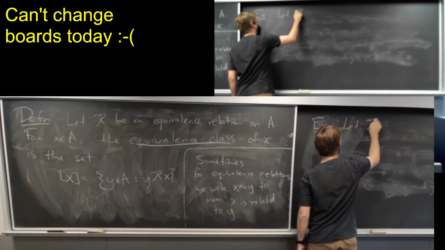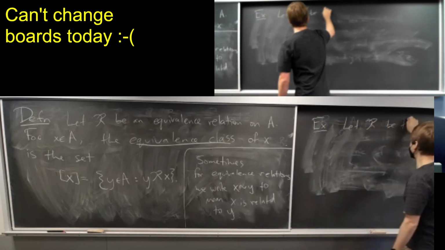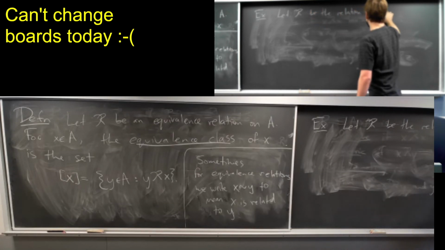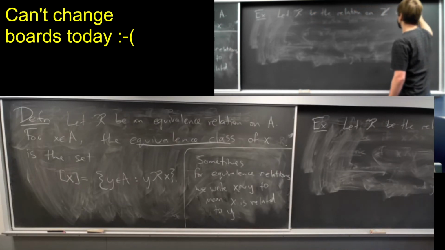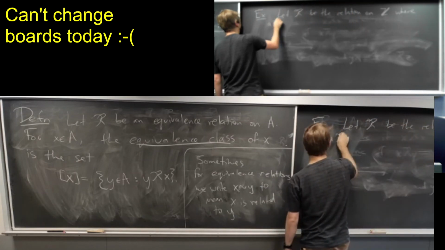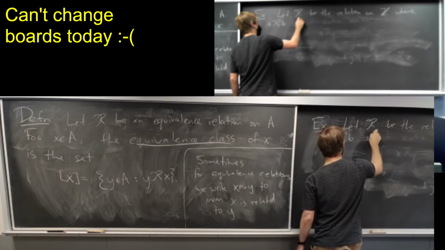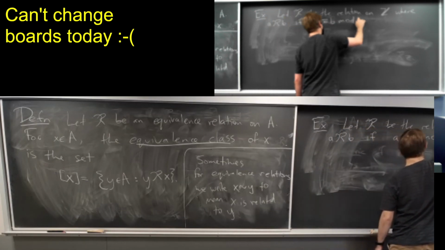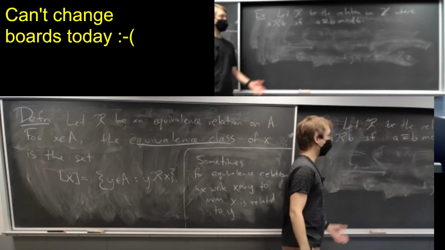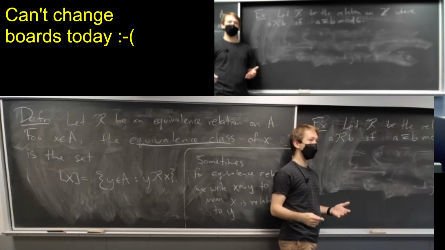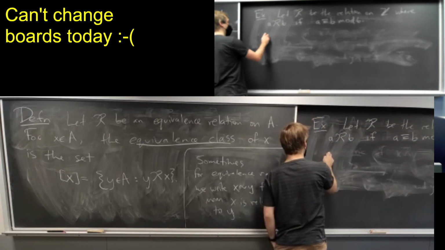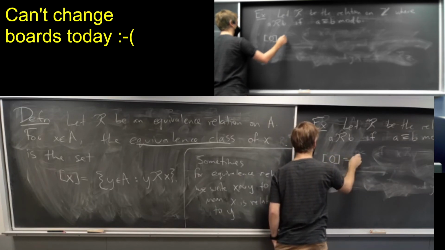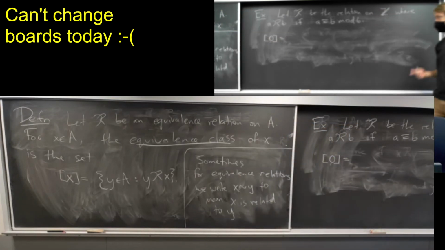Let R be the relation on the integers where a is related to b if a is congruent to b mod 6. This is an equivalence relation, as we already discussed. So my question is, what is the equivalence class of the element 0 under this relation?